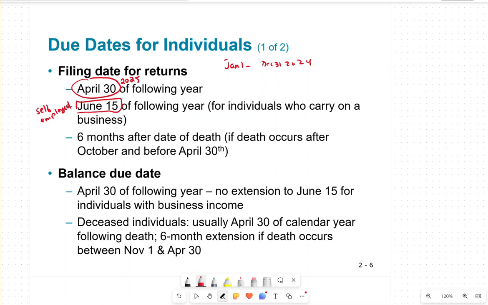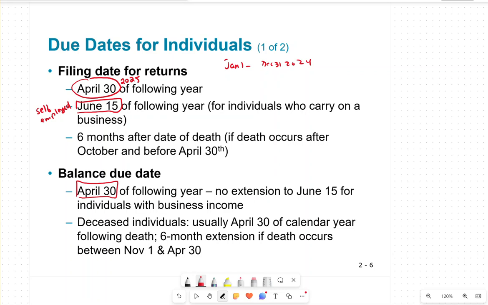However, if you owe them money, you need to pay them by April 30th. Otherwise, you're going to pay the penalty and the interest. We're going to talk about that a little bit later. So there's no extension to June 15 for individuals with business income if you owe them money. You have to give them the money by April 30th.